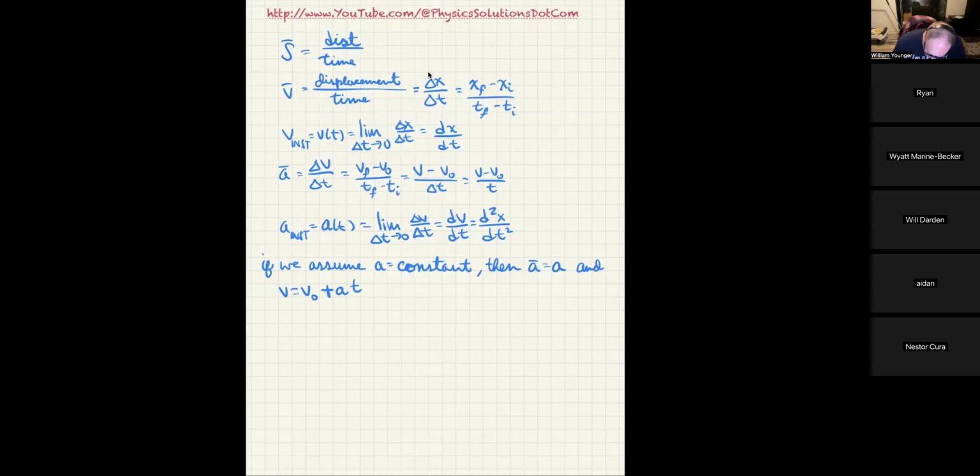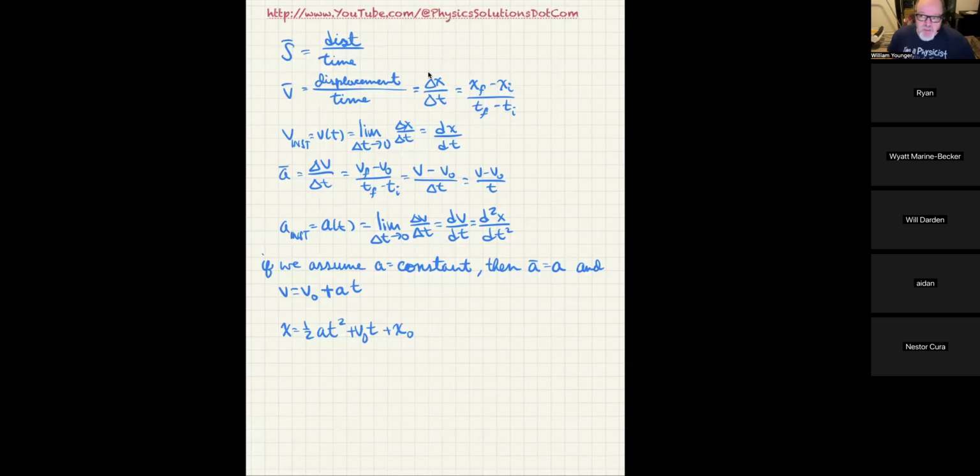When I integrated that, I got x. Let's write with the pen. I got x was equal to 1/2 a t squared plus v0 t plus x0.